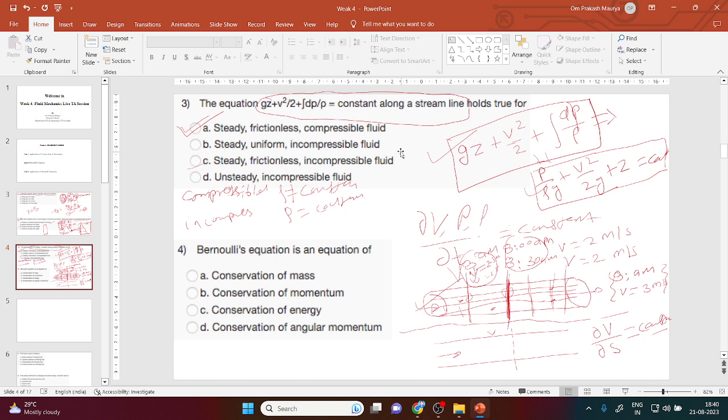If the assumption is steady, frictionless, and compressible, then you write only the integral one. Before writing the Bernoulli equation, or if someone is asking you, you can also ask whether it is compressible or incompressible flow, or otherwise just tell the assumption first and then write your equations.